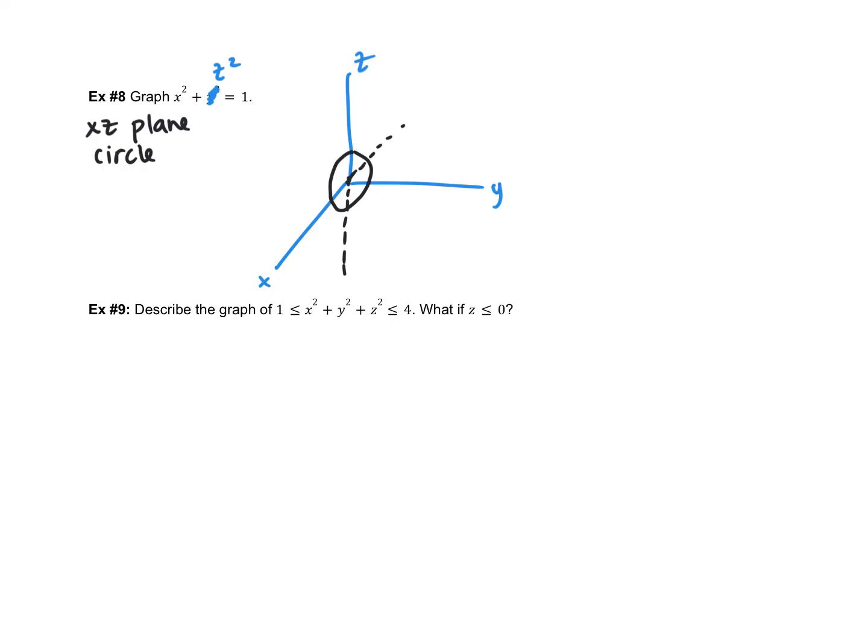And now what we're saying is that the y-axis doesn't matter. This circle is going to be the same no matter where we are on y. So we move to the right on y, the circle is the same. We move left on y, or negative, the circle is going to be the same. And then it does keep going. I just don't have the ability to draw that.